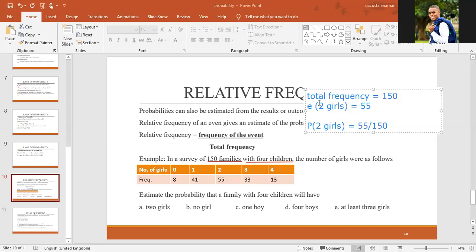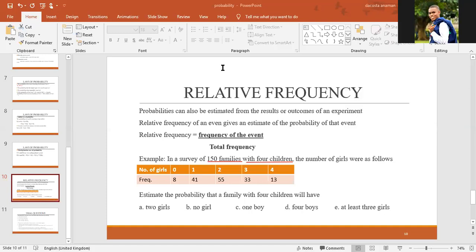Okay, so let's do the third one. If we are looking for the probability of the family having one boy, that means that the event of having one boy will be equal to the event of having 3 girls.